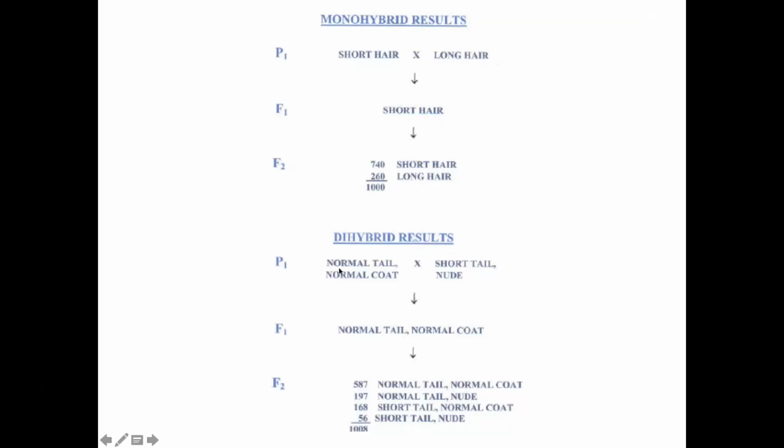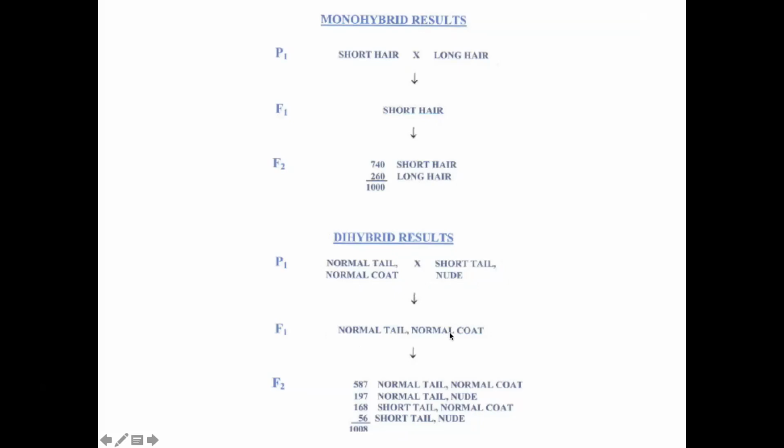Okay, so here's another example. Another mouse example. Pure breeding for normal tail length and a normal coat of fur, and then a different strain that was pure breeding for short tail and absence of fur, a mouse. Okay, so what do you do? Again, to try to determine the genetics for these two traits, you generate an F1 hybrid, and this is what they saw: the F1s had normal tails and a normal coat of fur.